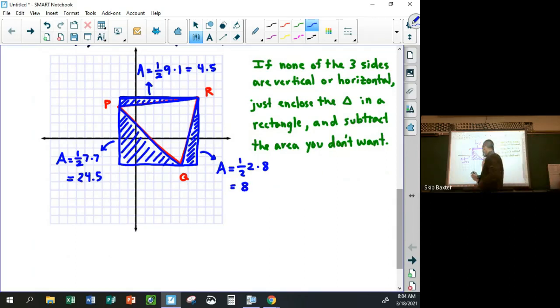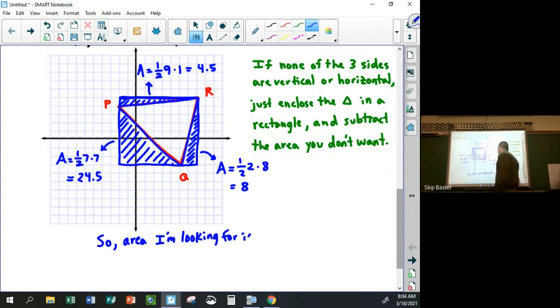So the total area that I'm looking for is the area of the rectangle minus those 3 triangle areas, right?